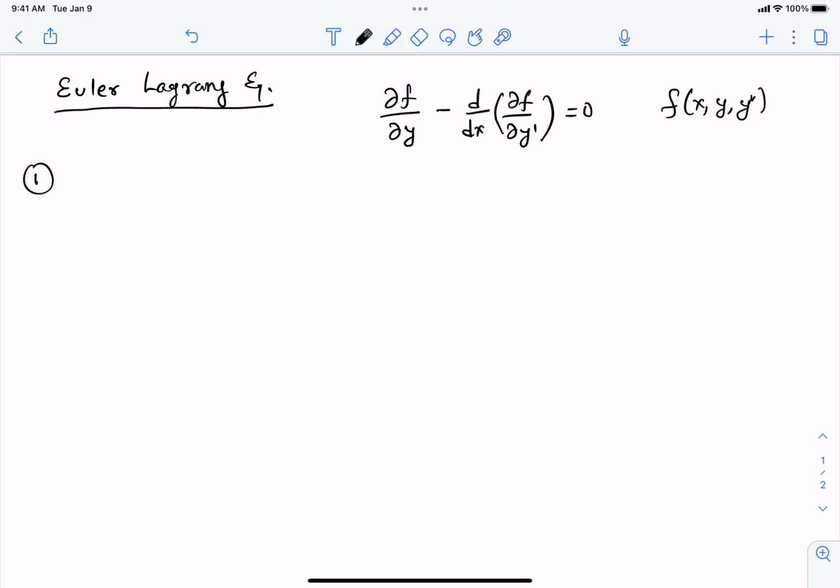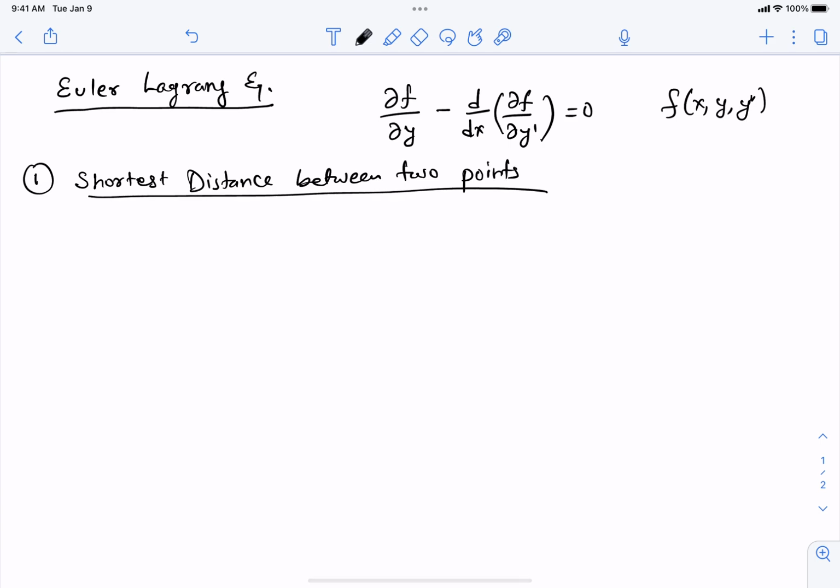The first application is called the shortest distance between two points. Now let's say we are on a plane, and there are two points on the plane. The first point is x1, y1.